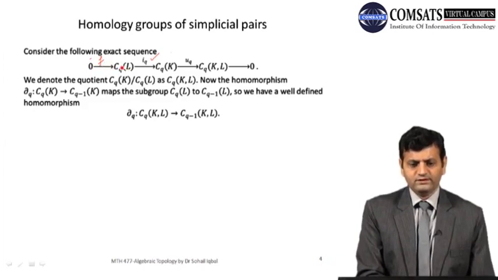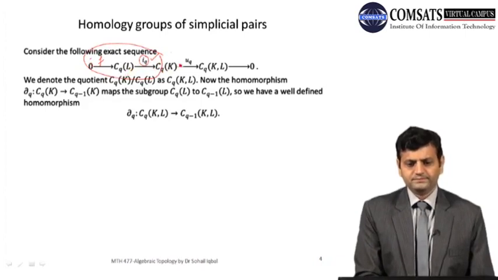So the image of F is 0, which is equal to the kernel of IQ, because this is an inclusion, an injective homomorphism. That's why this portion makes sense, that this is an exact sequence, and that's why we can add 0 over here.